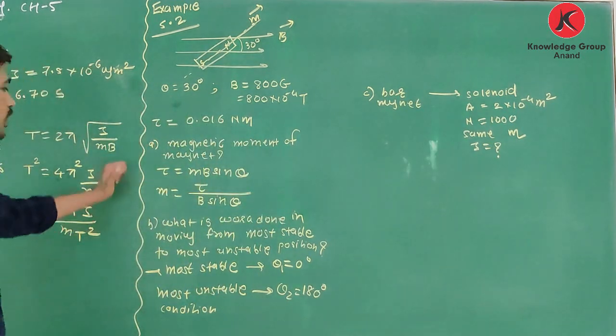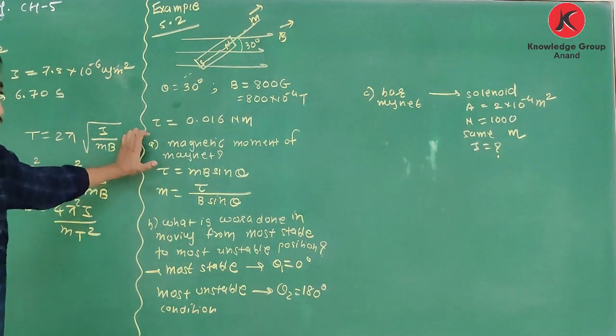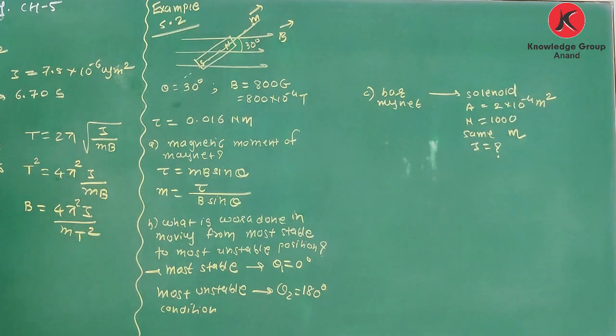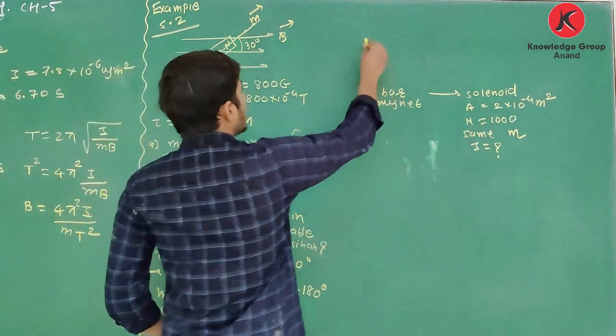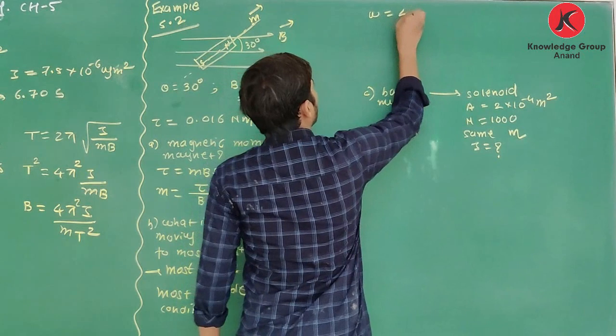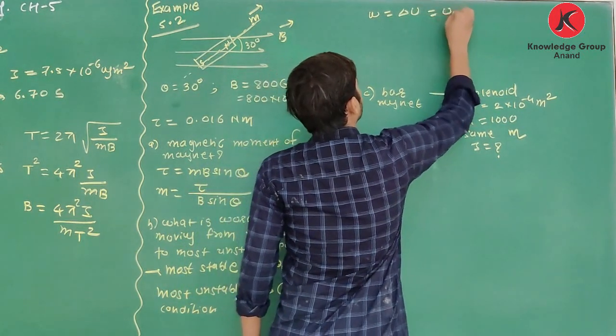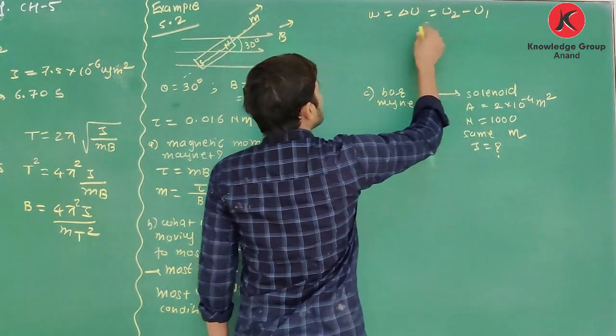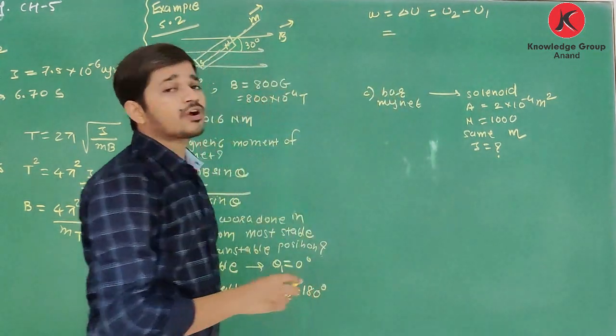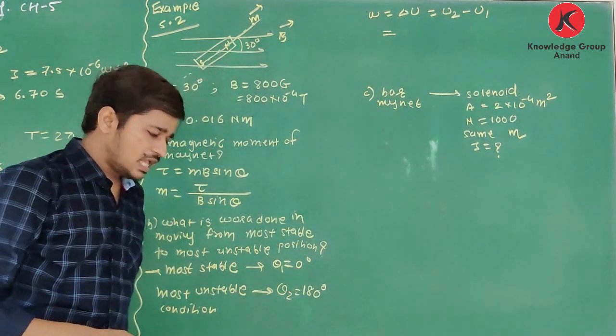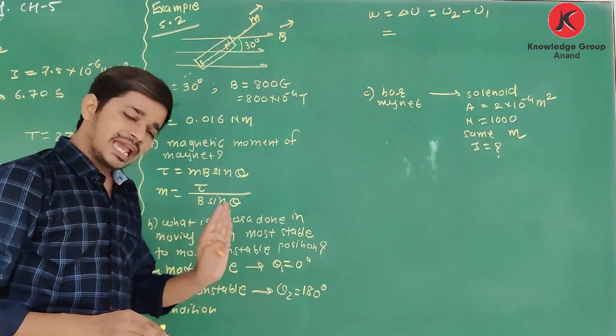We have to find the equation of work done. Yes, in the last lecture we obtained the equation of work done, that is W is equal to delta U, which is U2 minus U1, where U2 is the final position. See, the magnet is the same, the magnetic field is the same, just the angle changes.